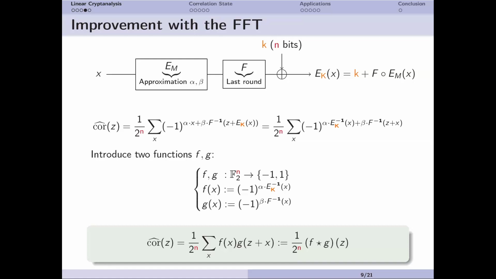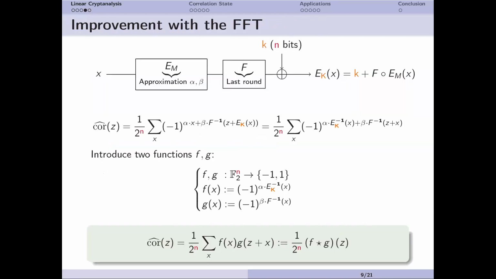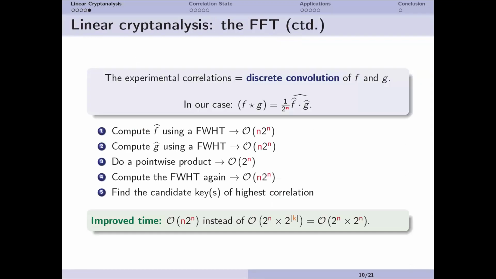And we have something very interesting and very nice that relates the convolution to the Fourier transform, in that case the Walsh-Hadamard transform. Because computing the convolution of f and g is simply computing the dot product of the Walsh-Hadamard transforms and then doing the inverse transform, with some coefficients.